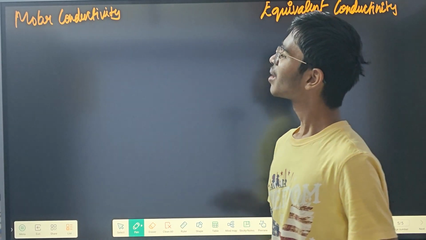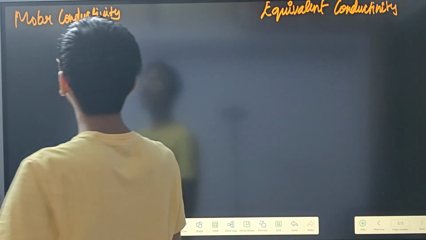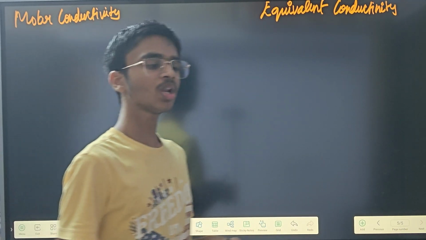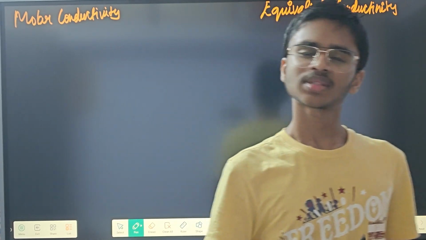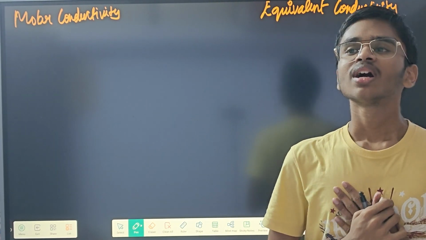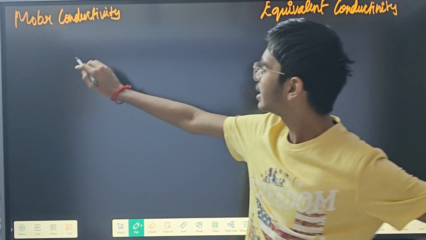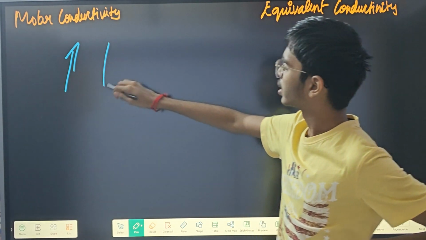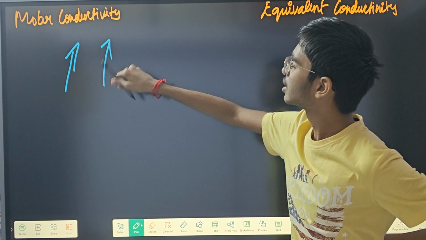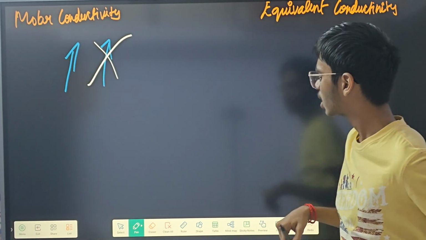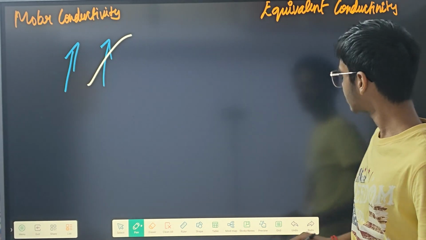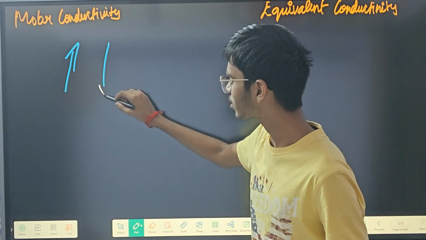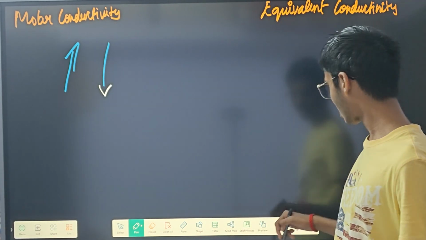Very simple. Molar conductivity is the conductivity per unit mole. A lot of people, including me, think that if molarity increases, if the concentration increases, then conductivity will also increase. But this is wrong. If molarity increases, then the conductivity will decrease, which is exactly opposite. It will start to decrease.